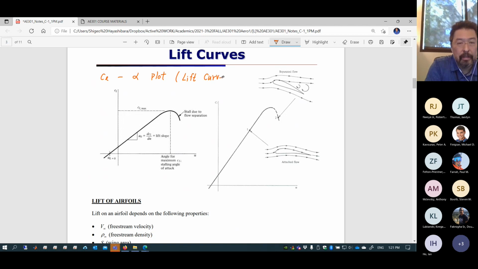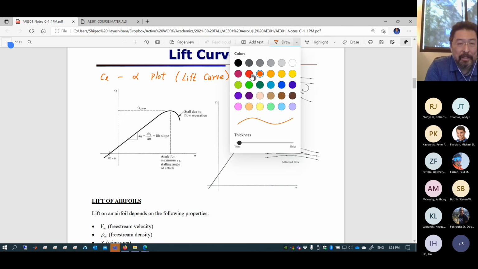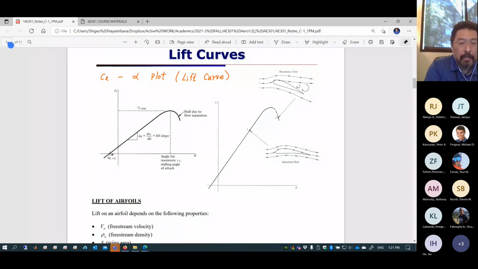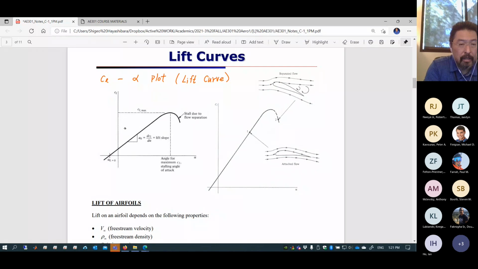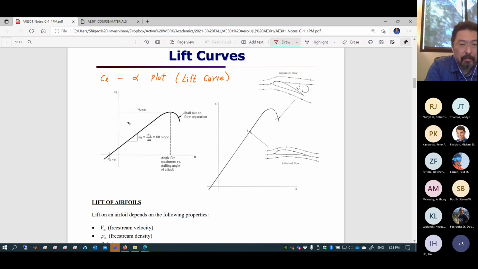We already know this. And then I think we even used it in the past, okay? And oftentimes this is considered fairly linear, not exactly, but fairly linear. If this is linear, you can define the slope. This is called lift curve slope.